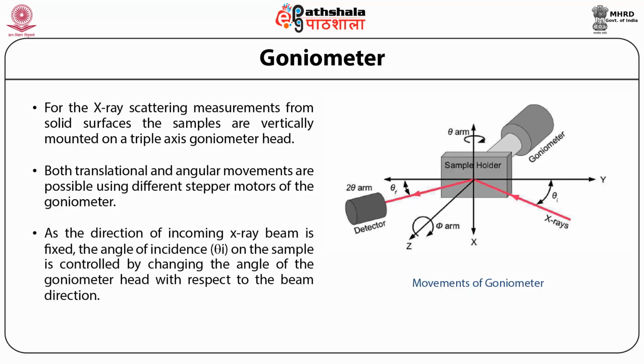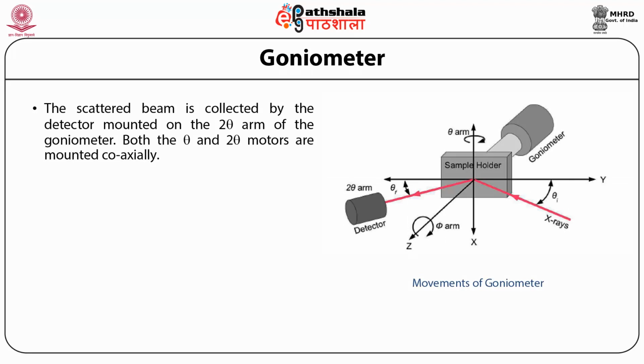As the direction of the incoming X-ray beam is fixed, the angle of incidence θi on the sample is controlled by changing the angle of the goniometer head with respect to the beam direction. The scattered beam is collected by the detector mounted on the 2 theta arm of the goniometer.